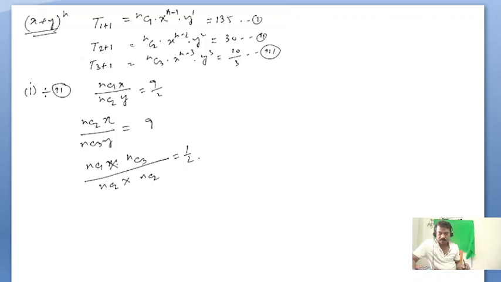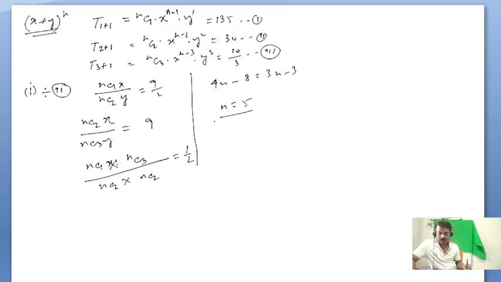Okay, solving these, we get here 4n minus 8 equals 3n minus 3, that is n equals 5.